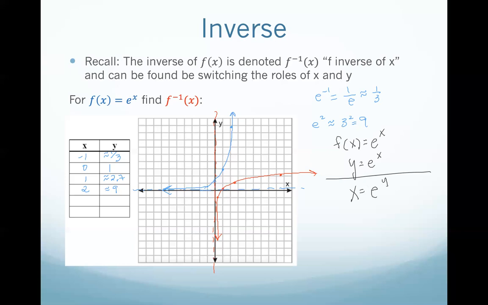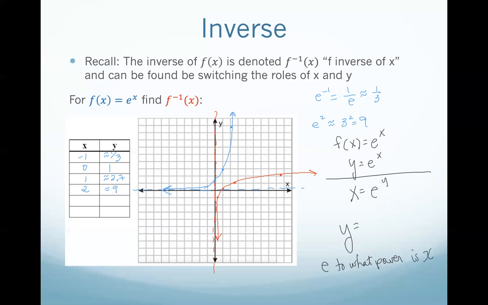Well, we don't have a way to solve for an exponent, to isolate an exponent by itself, right? If y was a number, I could take a root, but I'm not trying to solve for e. Remember, e is a number. It's approximately 2.7. I'm not trying to isolate x. We have no way to isolate y. So we come up with this way to isolate y. Y equals something, right? And what we really want to know is y equals the power e to what power is x?